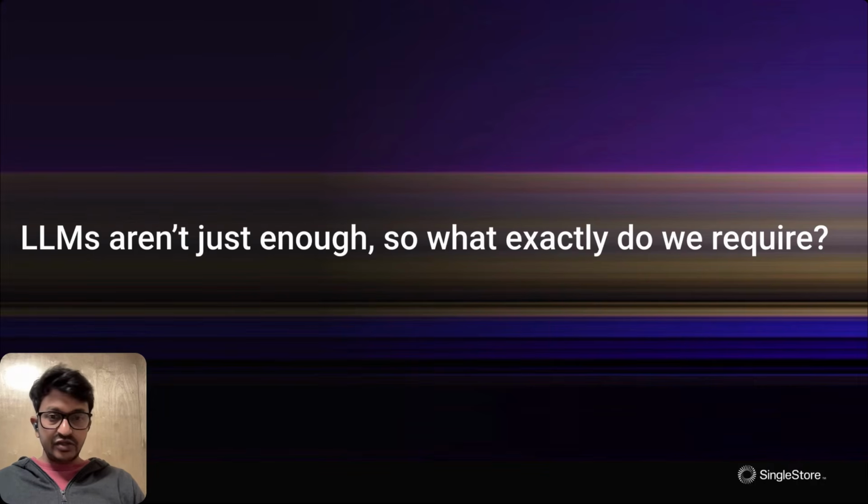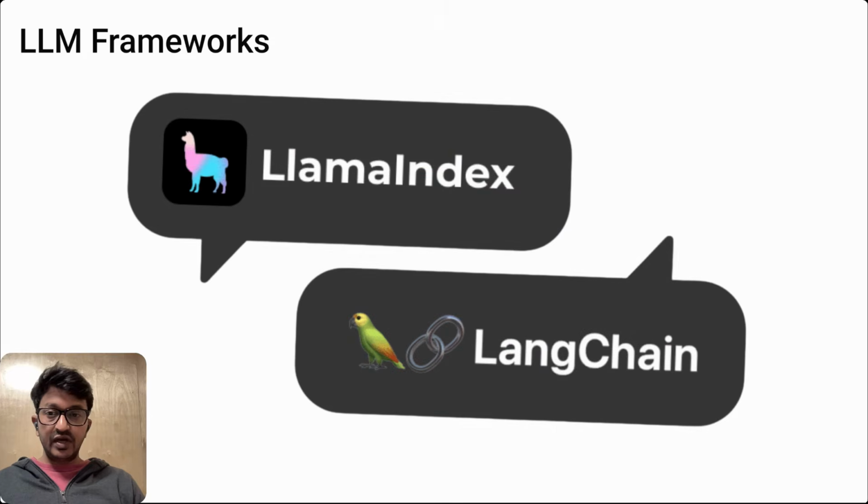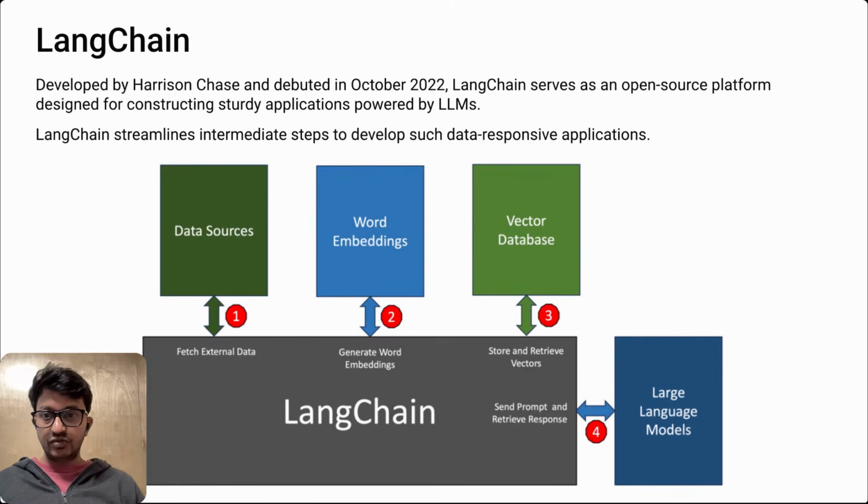So LLMs are not just enough. What we require are robust LLM frameworks like LangChain and Llama Index. Since this video is all about LangChain, I'm just going to talk about LangChain. So LangChain was developed by Harrison Chase, which came out in October 2022.